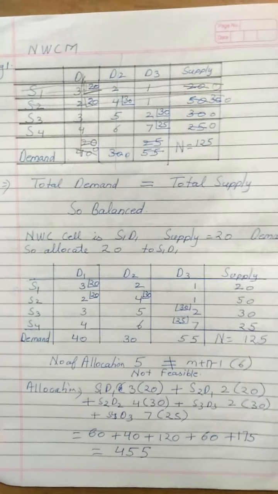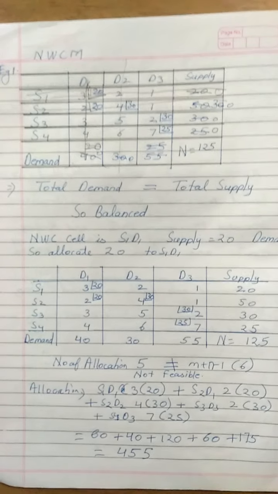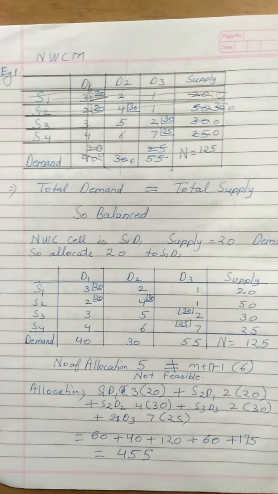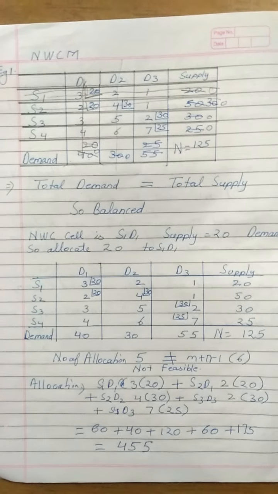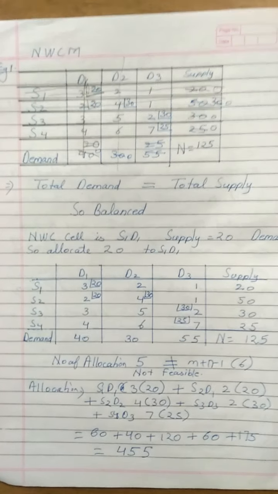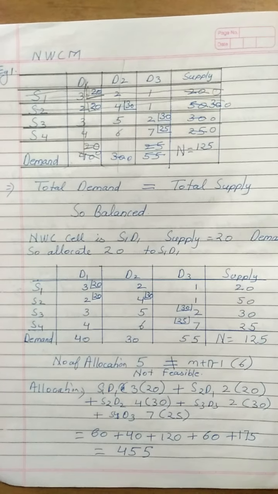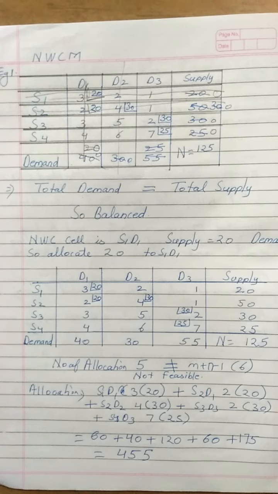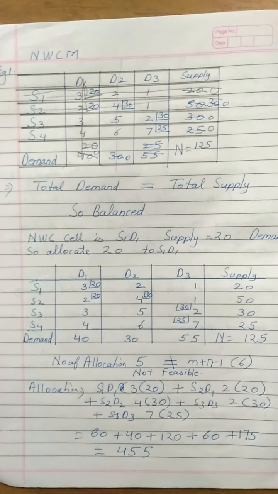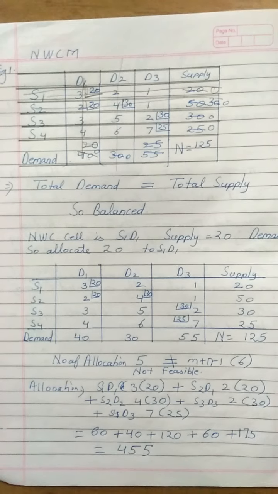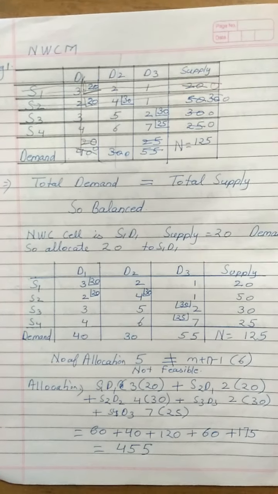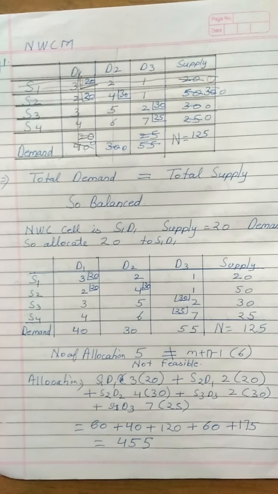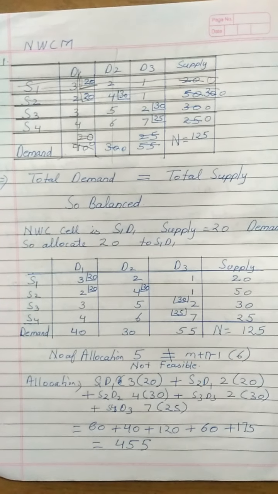Here we can go for improvements, but the improvements are in the MODI method. You can stop over here by just saying the solution is not feasible. This is enough for solving a problem. Clear? So only when the number of allocations is equal to m plus n minus 1, then we can say that the solution is feasible. Else, if not, then clearly mention the solution is not feasible and stop over there.